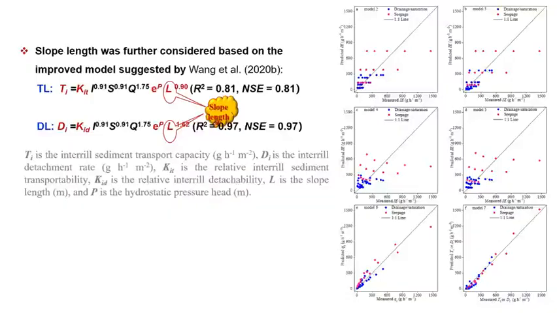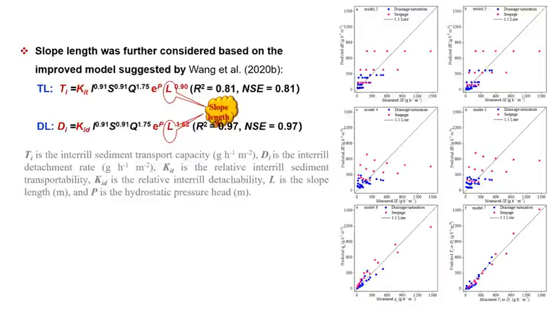The results of the present study demonstrate that the dominant process of interior erosion was transport limited under drainage or saturation conditions, and detachment limited under seepage conditions.